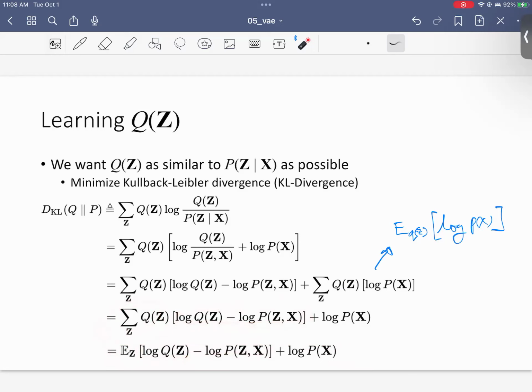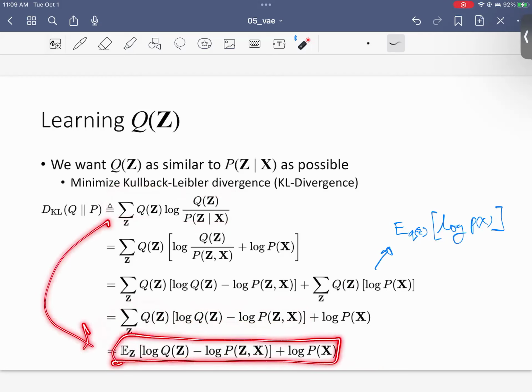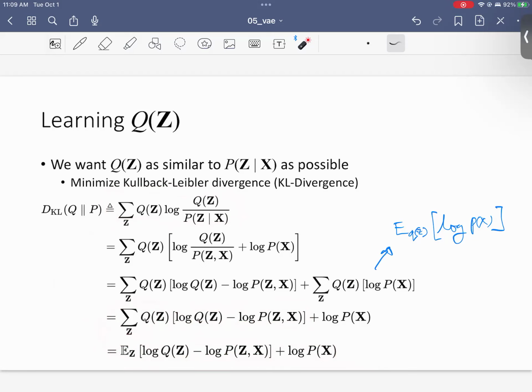So we started from the definition of KL divergence, and we arrived here. No biggie, right? Question: for clarification, P in D_KL(Q||P) is P(Z given X), right? Yep, exactly. Q is Q(Z), P is P(Z given X).